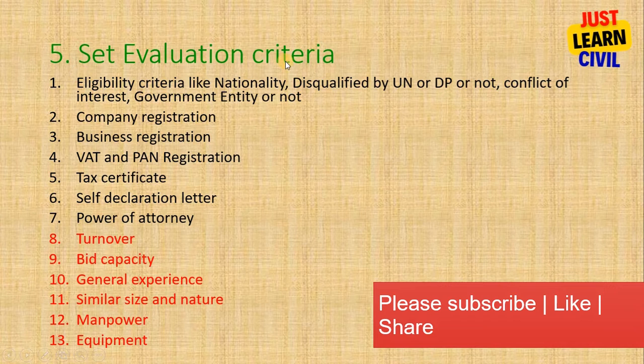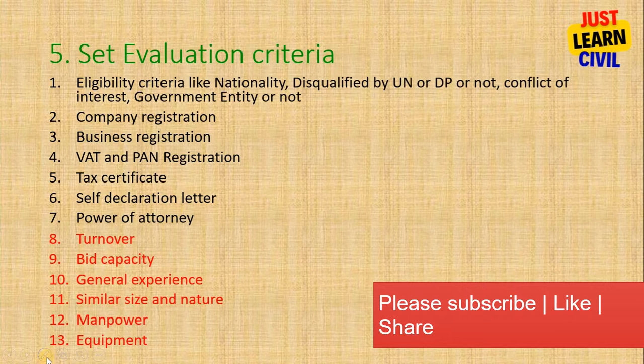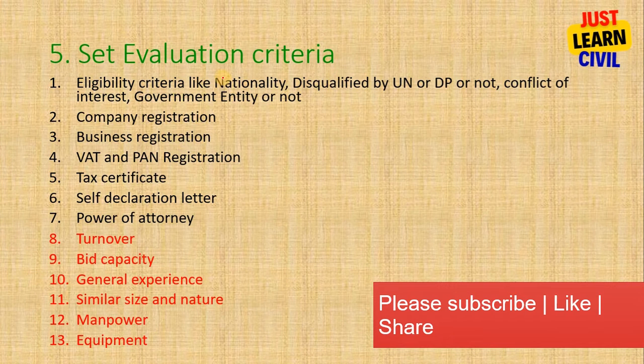Now set evaluation criteria, that is eligibility and evaluation criteria. Nationality: which nationality will be eligible to apply. You can put restrictions here on which country can apply according to your public procurement rules and regulations.